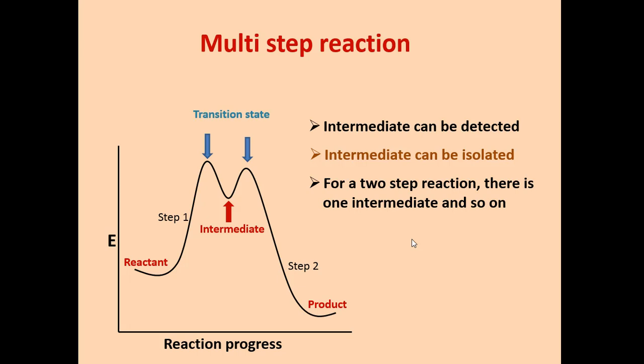Here we found that when we have two steps, we have one intermediate, that is the minimum between the two maxima. For two steps you will have one intermediate, for three steps you will have two intermediates, and for four steps you will have three intermediates, and so on. For n steps you will have n minus 1 intermediates.